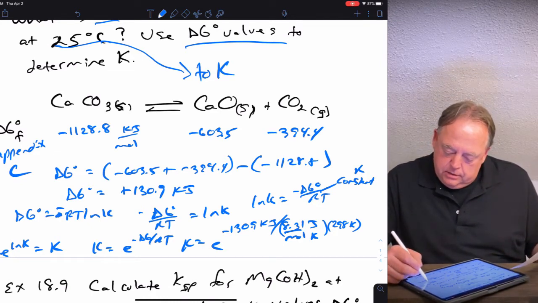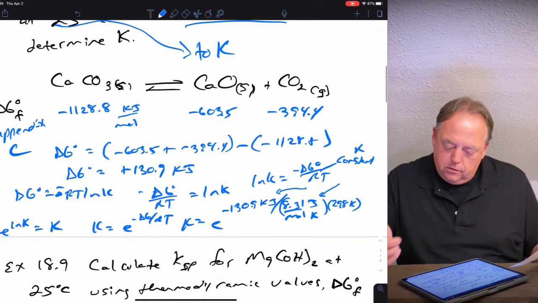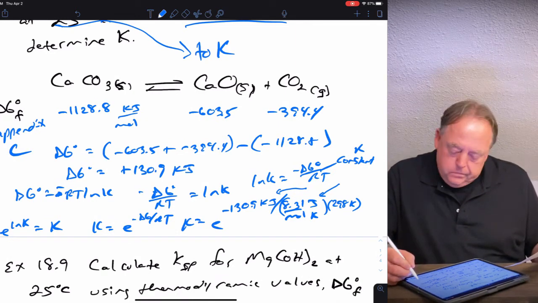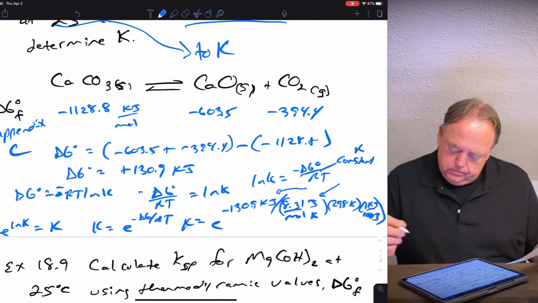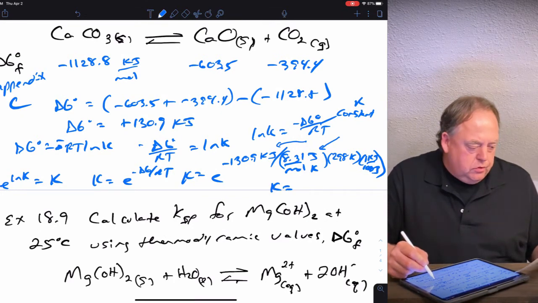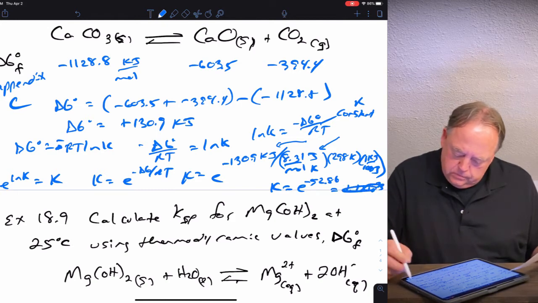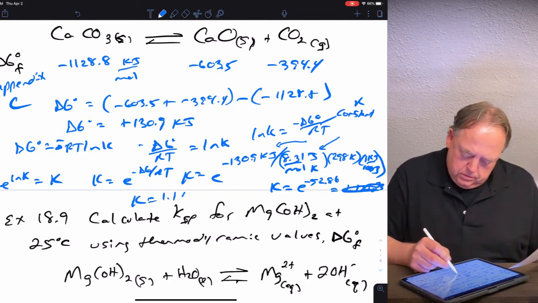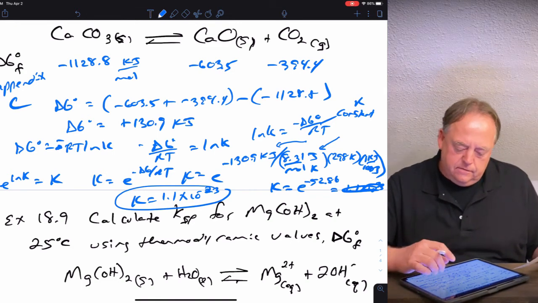The constant is in joules, but the delta G you calculated is in kilojoules, so we need to convert; 1 kilojoule is 1,000 joules. Calculating that out, K is equal to e to the negative 52.86, which is 1.1 times 10 to the minus 23. So it's a very small number. This reaction would not be product favored, it would be heavily reactant favored.